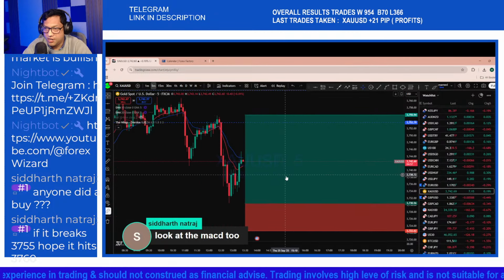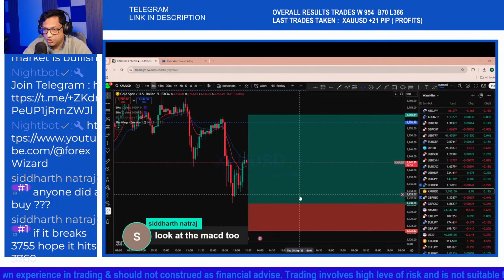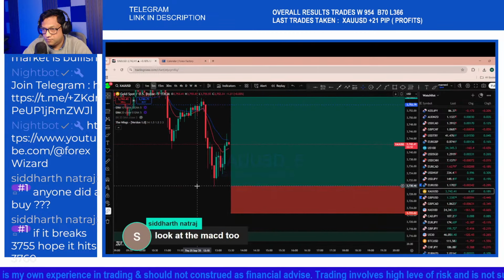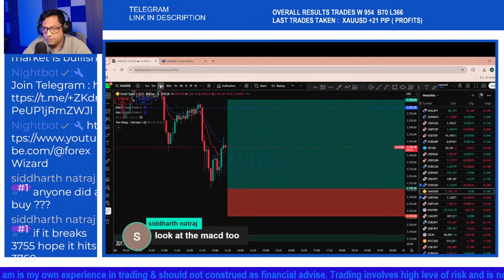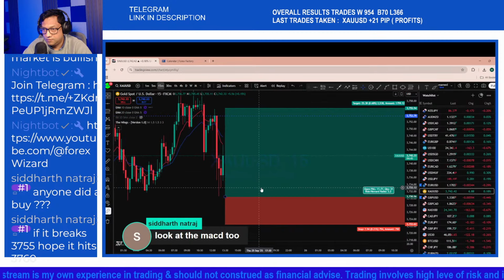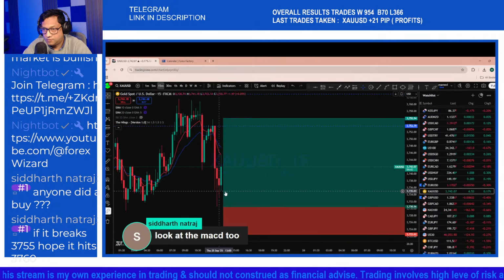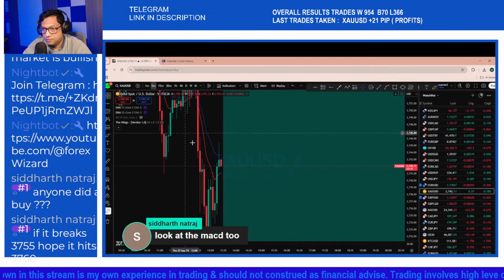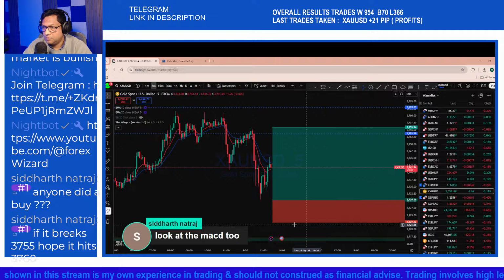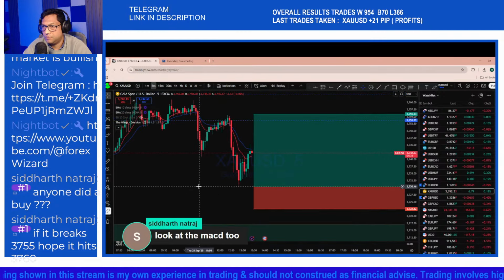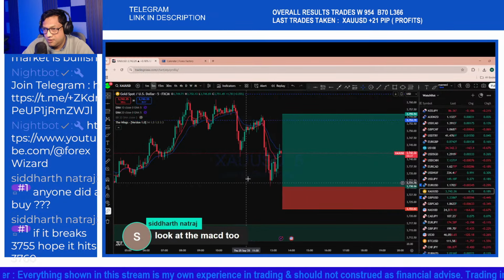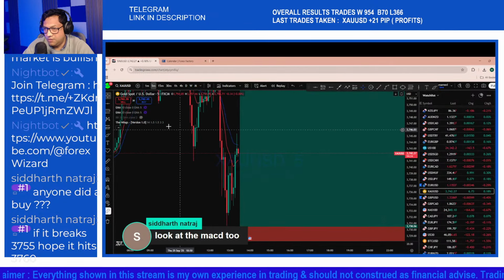Once we see the market restructure after a cross of this high on the 5 minute chart, we might see a break of structure.